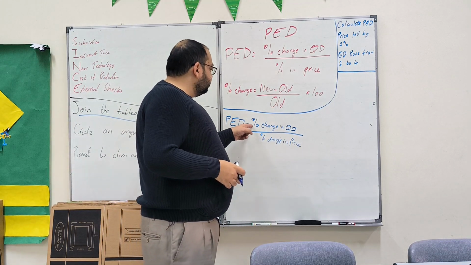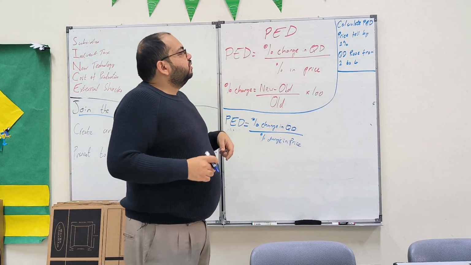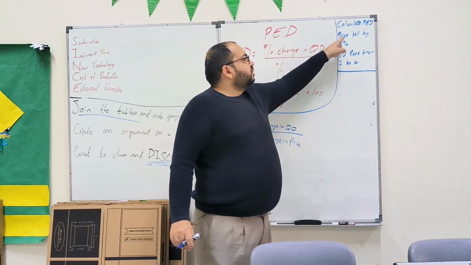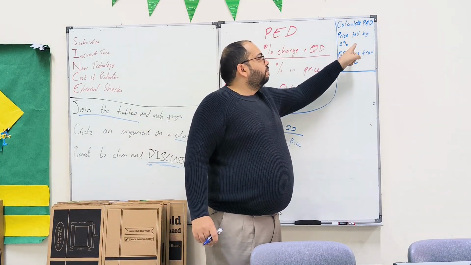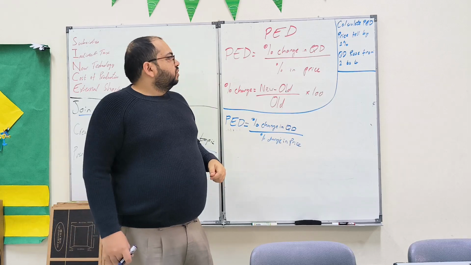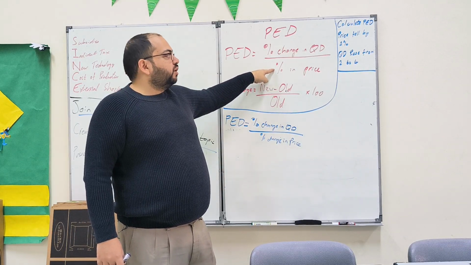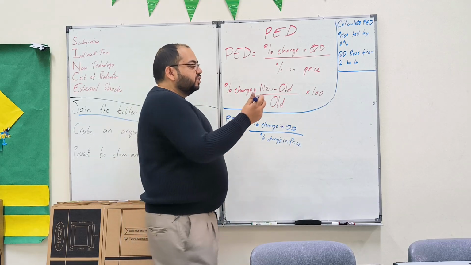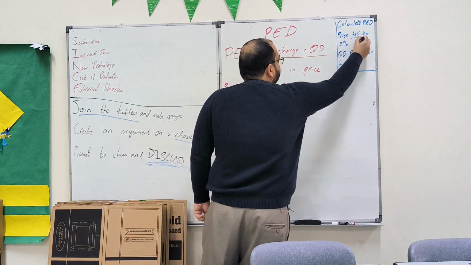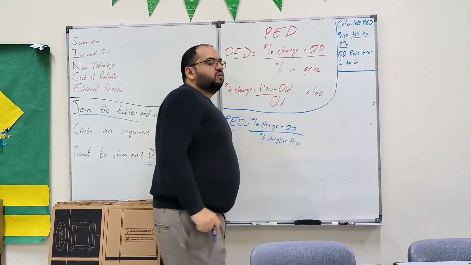So now, let's see. Do we have any of these numbers? So let's see. In here it says price fell by 2%. So already we have the percentage change in price. It says that price fell by 2%.